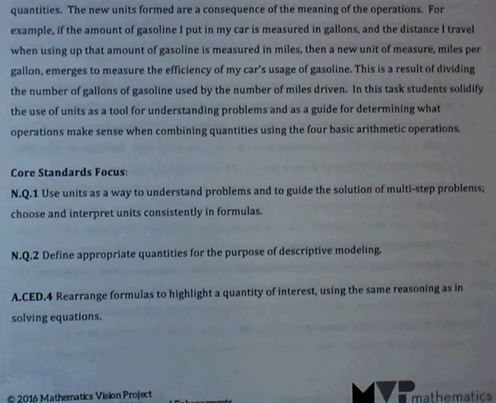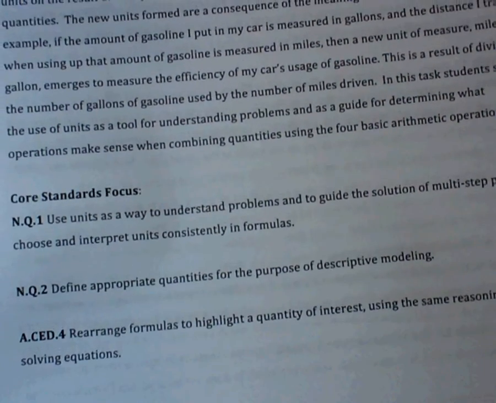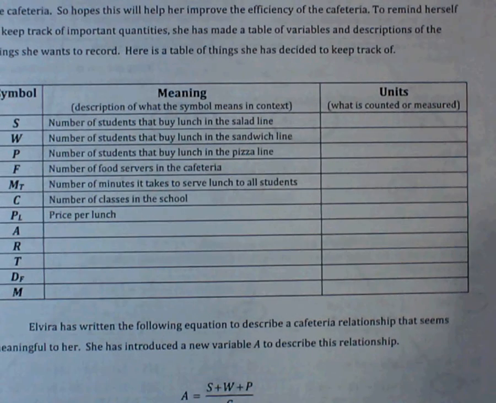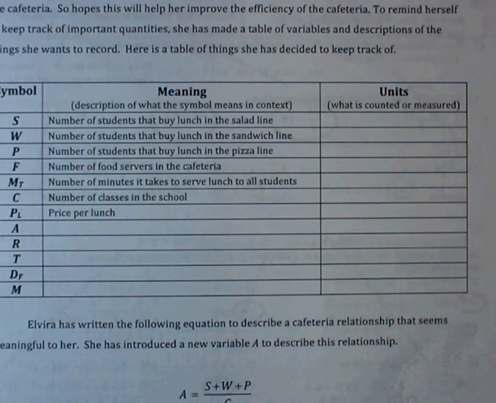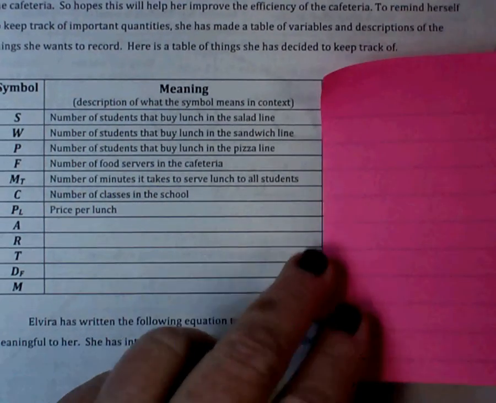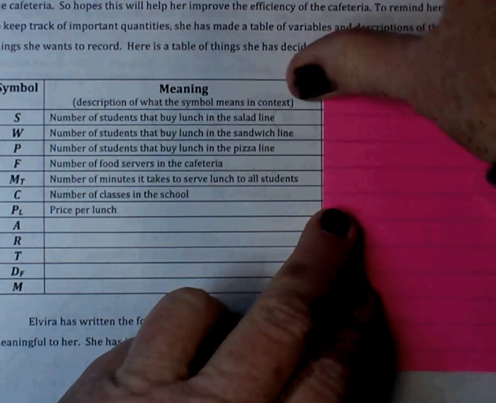All right, so we're thinking about units as a way to help us understand things. Go back to our chart. After our discussion, we'll come up with our final answers. Let's do it like this, because I don't want to write in my book.